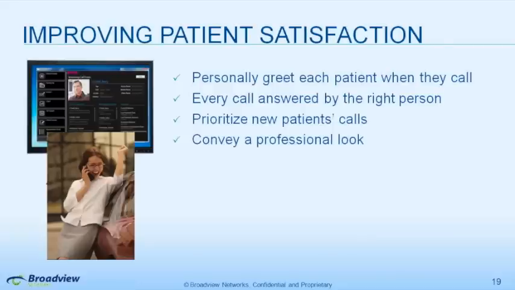Or if you have someone that handles new appointments or rescheduling appointments, you can put that as an option in the auto attendant so it gets through to them. So there are ways we will work with you to make sure that the call treatments get the patient to the right person, which reduces or eliminates any frustration that patient has when calling the practice.